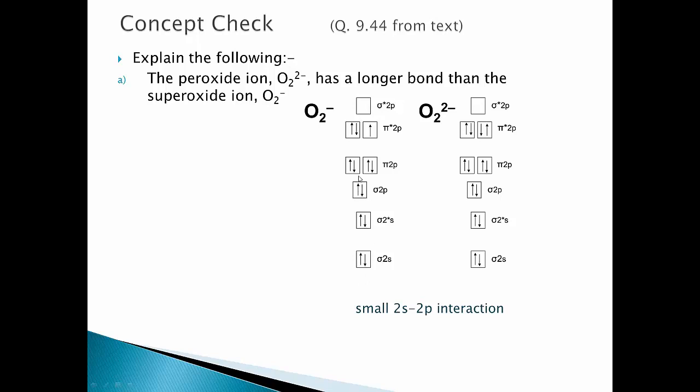So 2, 4, 6, 8, 10, 11, 12, 13, and one extra would be 14 in this one. Looking at our bond order, we would have 2, 4, 6, 8 minus 3, 5, so it'd be 1.5. And this one would be 2, 4, 6, 8 minus 2, 4, 6, so we would get 1. So this one would be the shorter bond and this would be the longer bond.